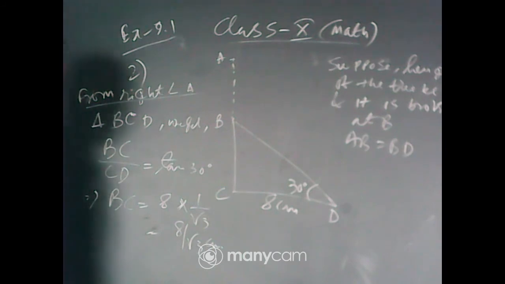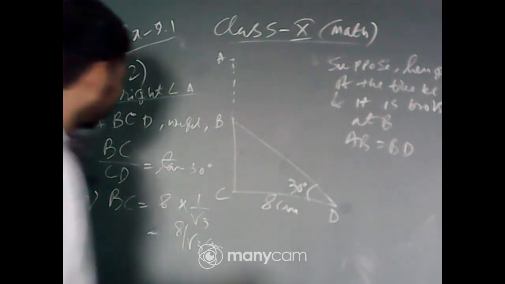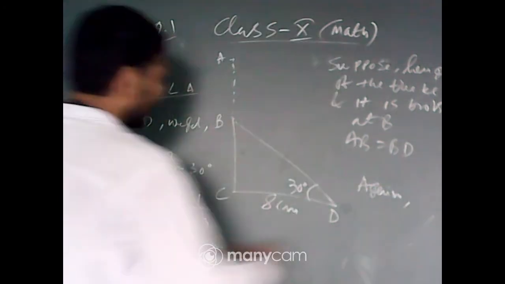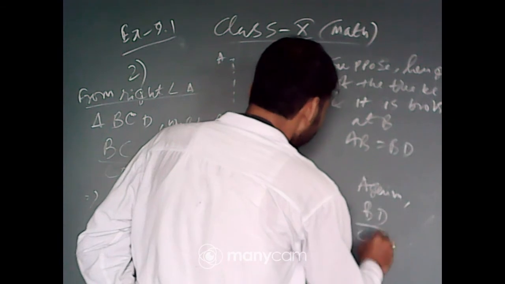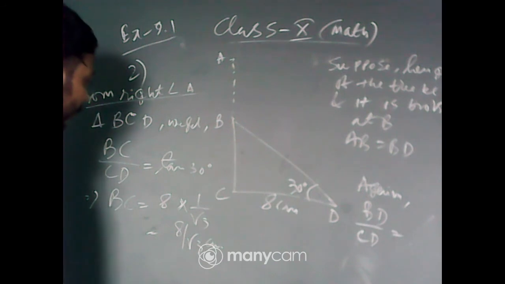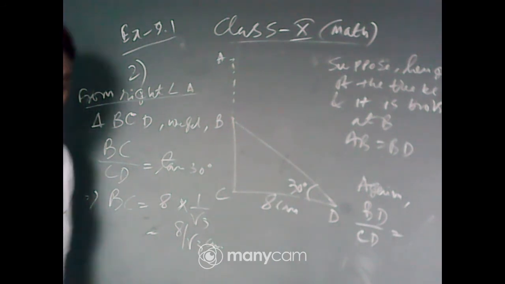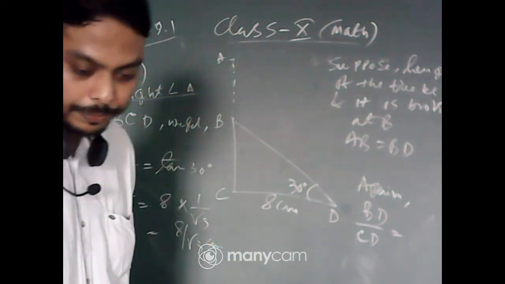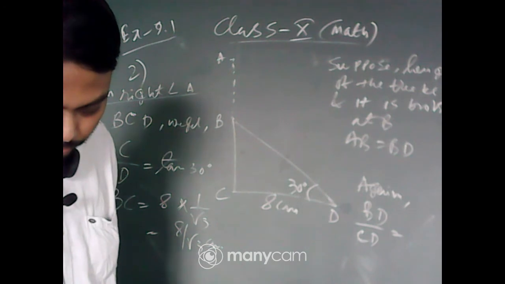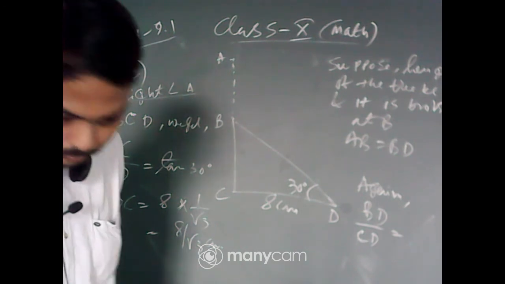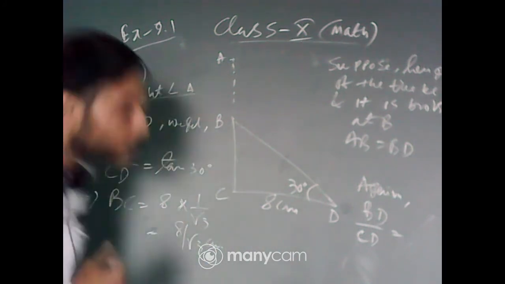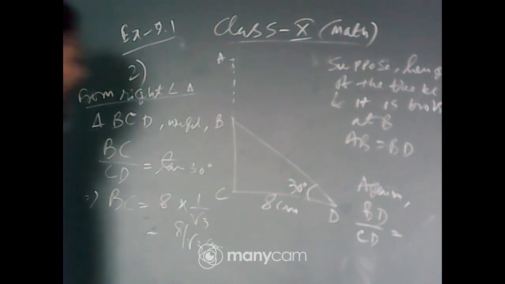Okay. Again, you have to find BD. Again, I am writing in this corner. BD by CD equals to which T ratio? BD by CD. Which one? Sec or cos? Hypotenuse by base, sec 30.